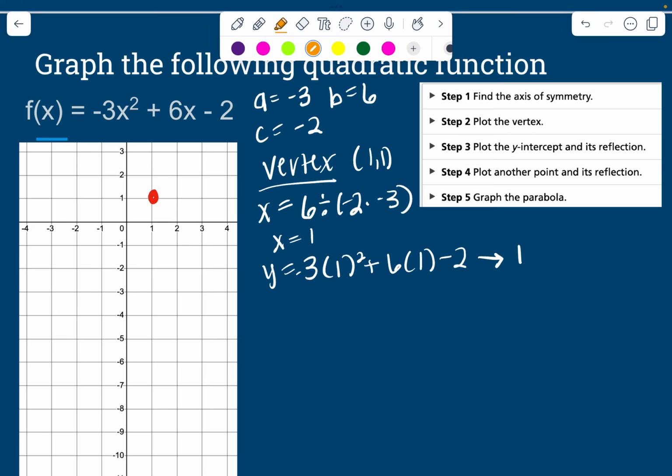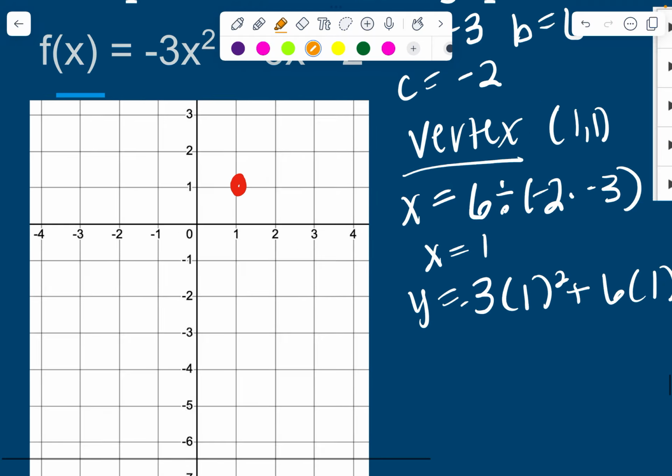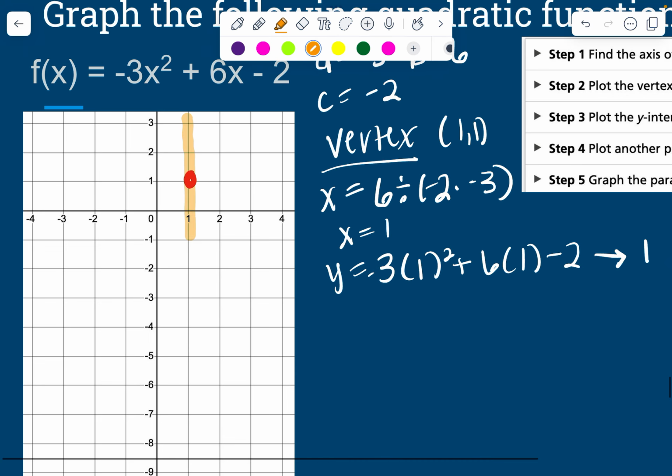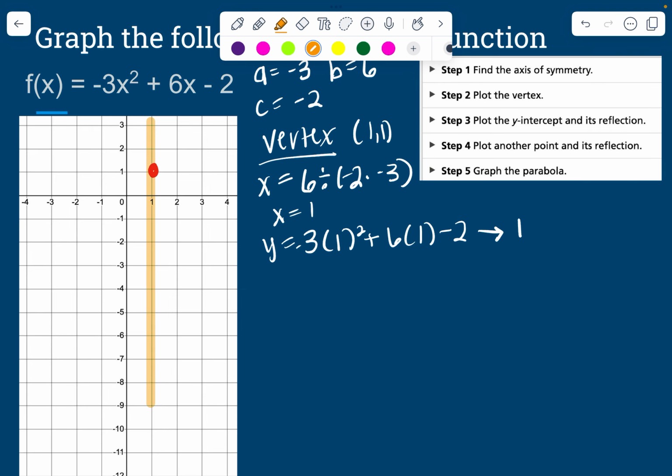We'll draw in our line of symmetry. Next, we'll look at our y-intercept. Again, the y-intercept is our c value, so our y-intercept is at 0, negative 2. And I'll plot the reflection of that.